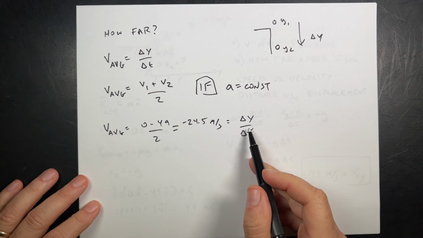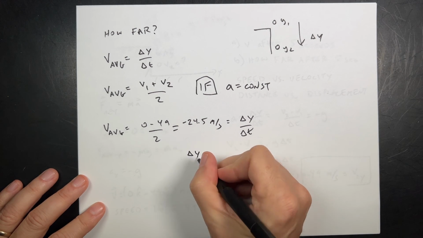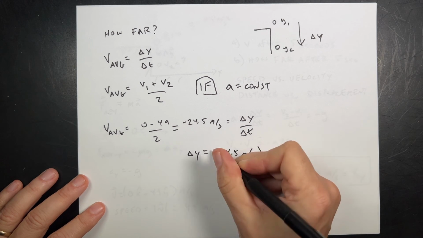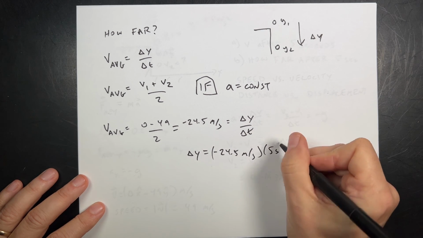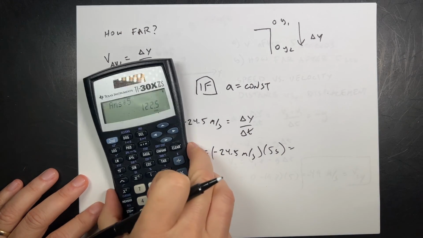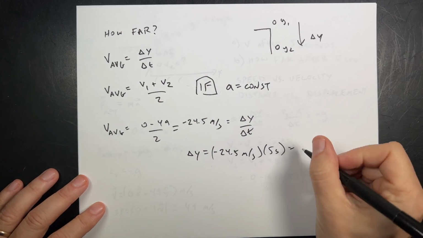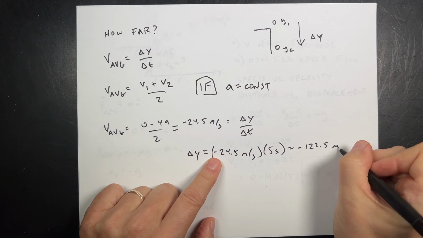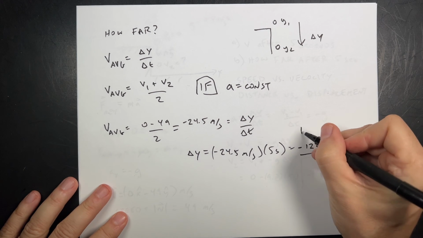I can multiply both sides by delta t. I get delta y is negative 24.5 meters per second times 5 seconds, which equals, it's actually negative, right? Negative 122.5 meters. That's the displacement.